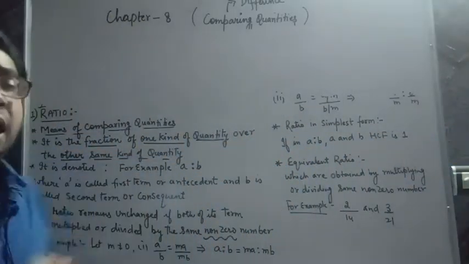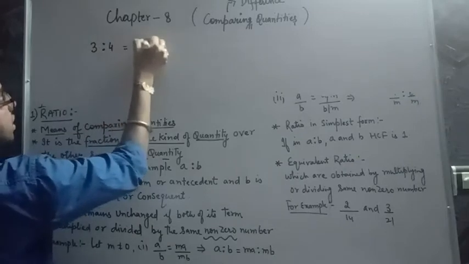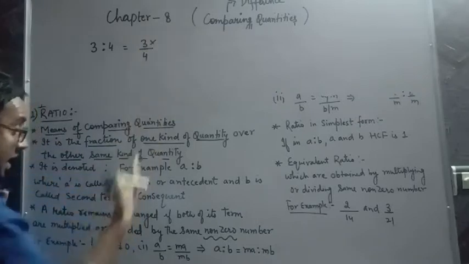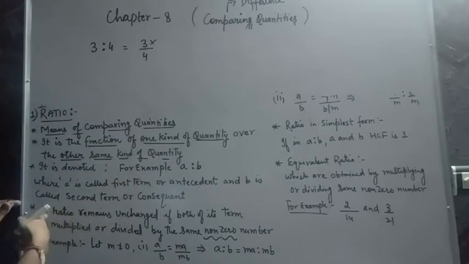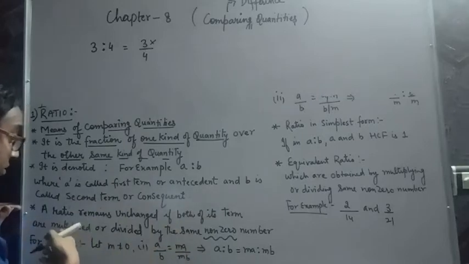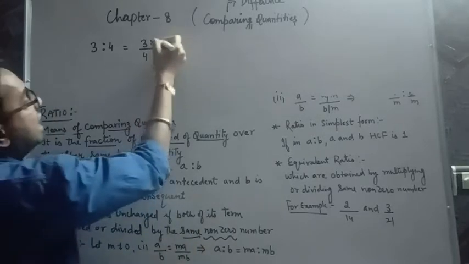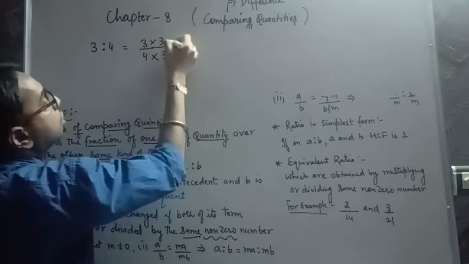Now, understand the statement again. For example, I am having 3 ratio 4. Can I write 3 by 4? This is what it means. First thing, it must be multiplied or divided by the same number. The ratio remains unchanged if both of its terms are multiplied or divided by the same non-zero number. Same. It means if I am multiplying the numerator with 3, I must multiply the denominator also with 3.